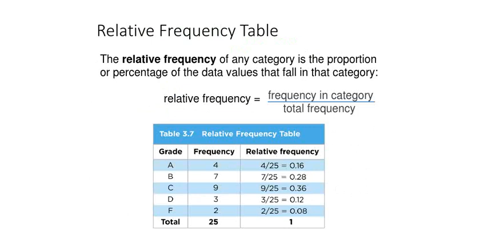Typically, I like the decimal form rather than the percentage form. The percentage form right here would be written as 16%, right? But unless I say give me the percent, my relative frequency is going to be given as a decimal.